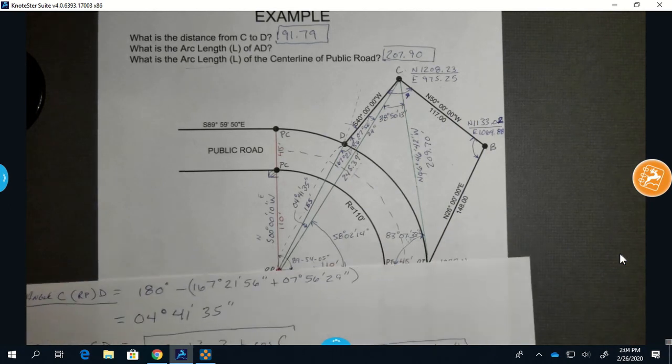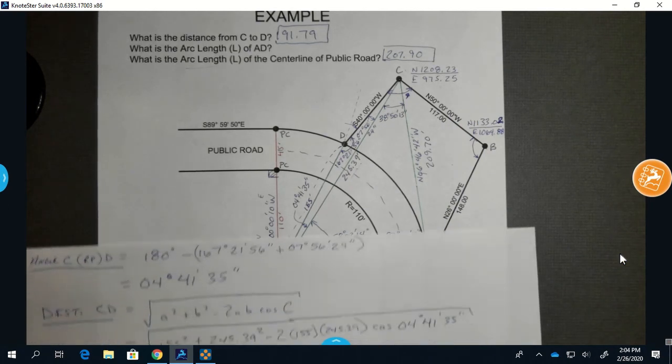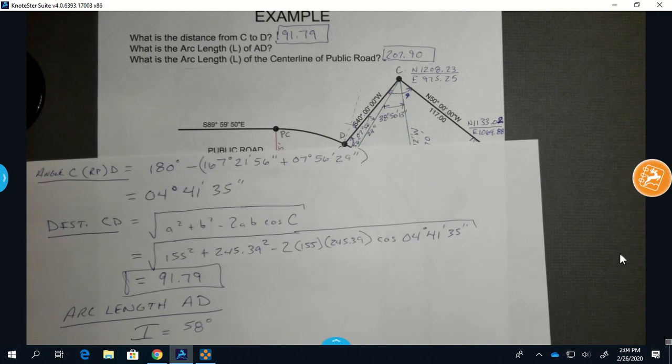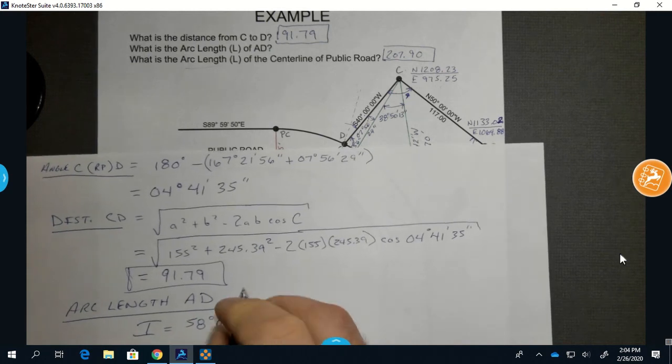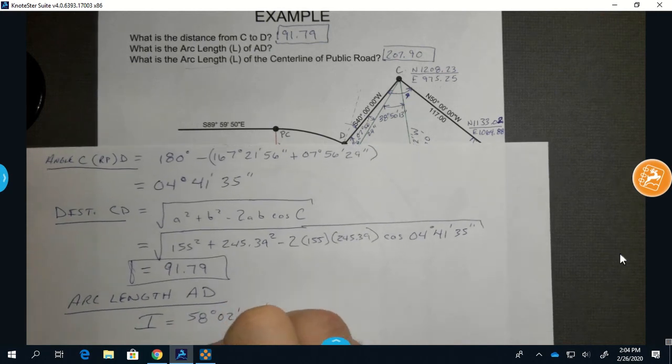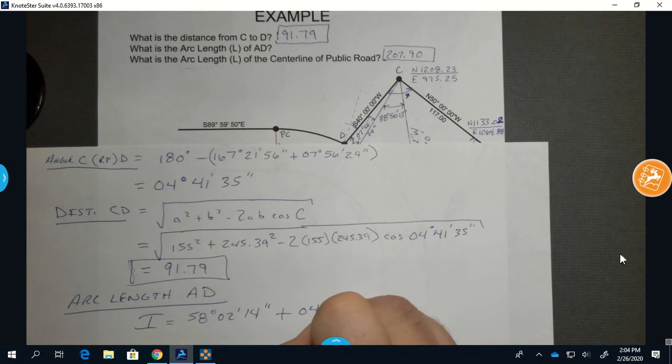My I is 58 degrees, 02 minutes, 14 seconds, plus 04 degrees, 41 minutes, 35 seconds.